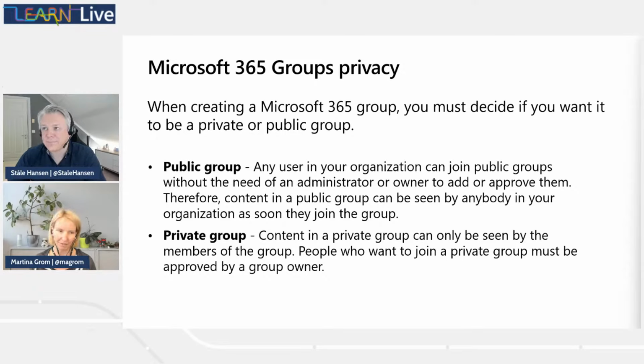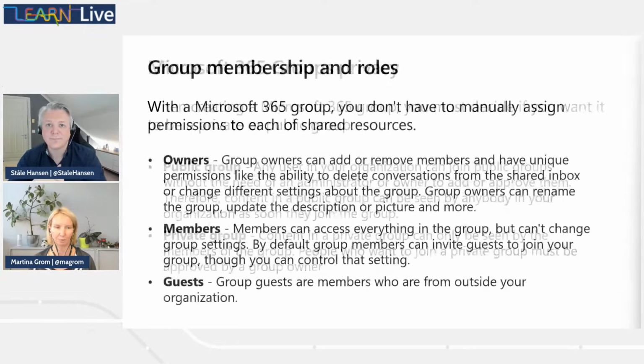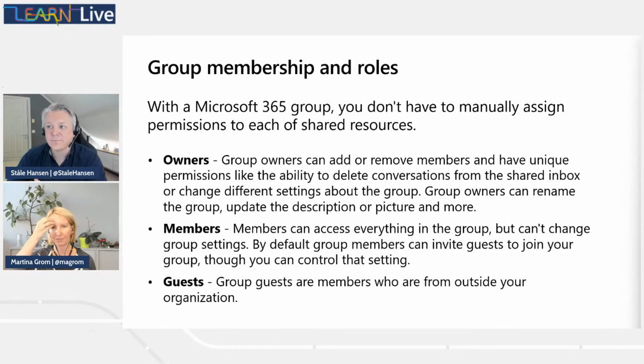If you create a private group, content in this group is private for the members of the group, and it's not discoverable. Very often I get asked, oh, I see files I shouldn't have access to. And my first look then is, is this file stored in a public group? Because then it's clear. From the access control, everyone in the organization has access to the group.